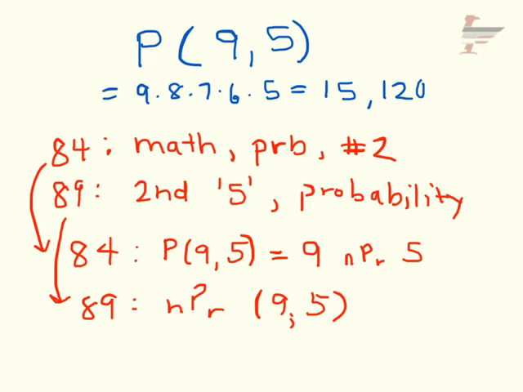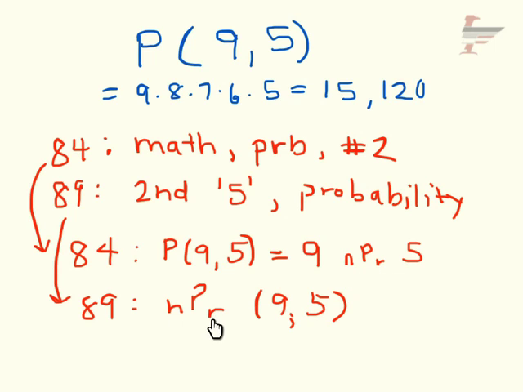Now on the 89s, your format is just like this, in the parentheses. You don't have to type anything before. You just go second 5 to your math button and then choose probability. Then you should see this little nPr.